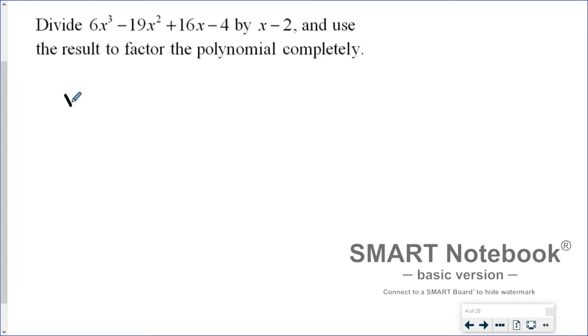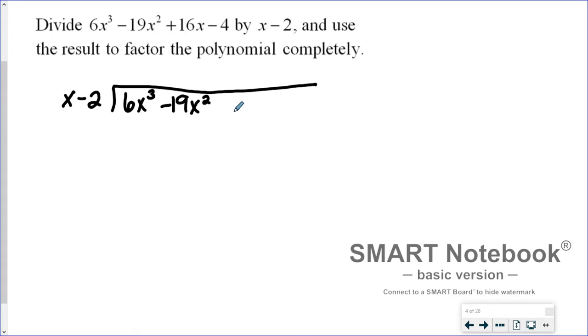We say x minus 2 is going into 6x cubed minus 19x squared plus 16x minus 4. Essentially, we're going to ask ourselves the same question over and over again, and run through the same steps.